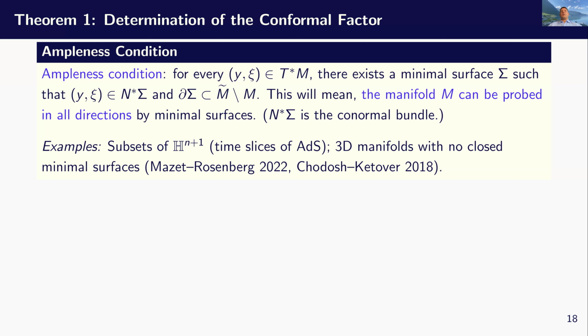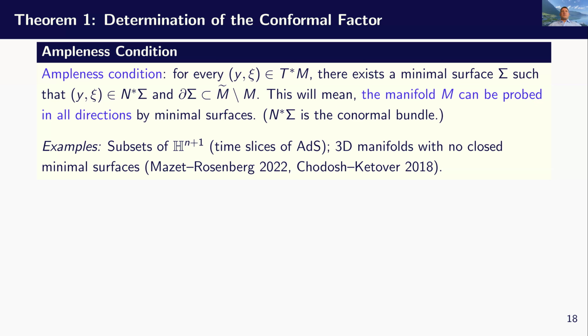So for a given direction y sigma, there must be an orthogonal minimal surface. As we will see, this means that the ambient manifold M, this n plus one dimensional manifold, can be probed in all directions by minimal surfaces if this ampleness condition holds.